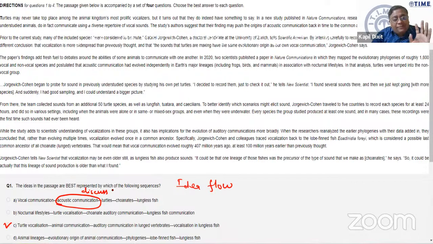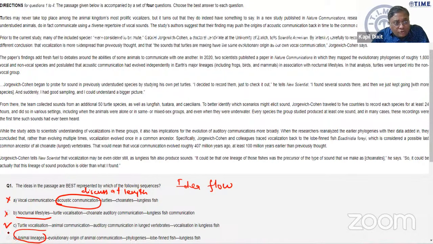So this was eliminated. Nocturnal lifestyles, okay, this was also debatable. Findings were debatable, so not here discussed in this format. Again, animal lineages, third word is animal lineages. This was also wrong, so you could have marked C as answer.